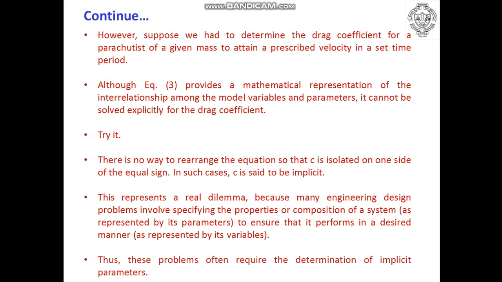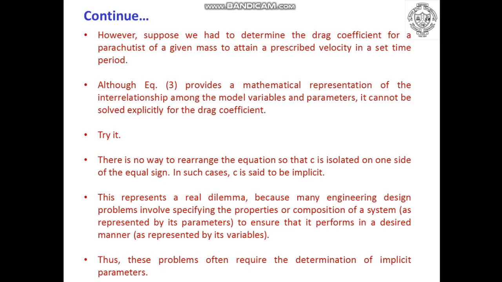This represents a real dilemma because many engineering design problems involve specifying the properties or composition of a system, which can be represented by various parameters, to ensure that it performs in the desired manner.